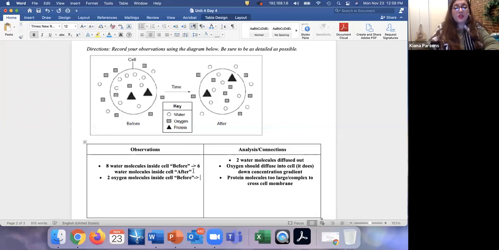And this is connecting to our second bullet point of analysis. 4 oxygen molecules inside the cell after. And 2 protein molecules inside the cell before and after. Protein molecule.